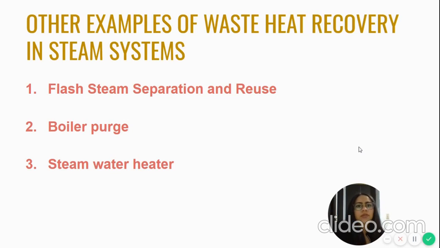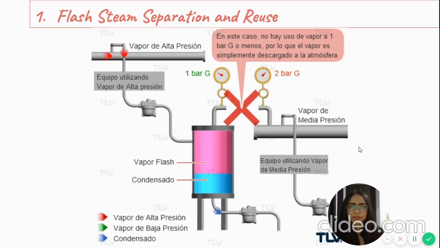Other examples of waste heat recovery in steam systems. First, flash steam separation and reuse. Second, boiler purge. Third, steam well air. Flash steam separation and reuse. Flash steam is the name given to the steam that forms from hot condensate when there is a reduction in pressure.